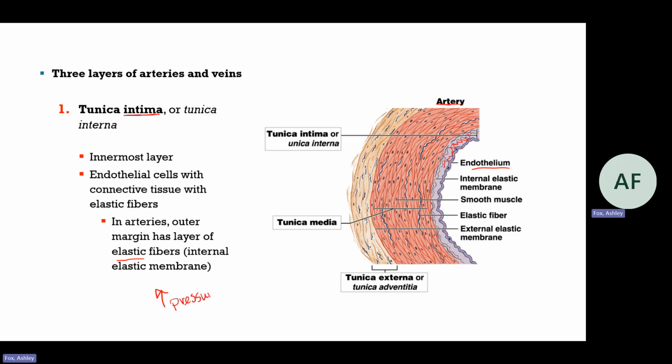They need more flexibility and stretch available to them so they can stretch when the pressure is up and then retract. So that's the pulsation that you get from arteries. They have increased pressure and they have elasticity to them, and then they recoil. So that's a characteristic of arteries in the tunica intima that veins do not have.